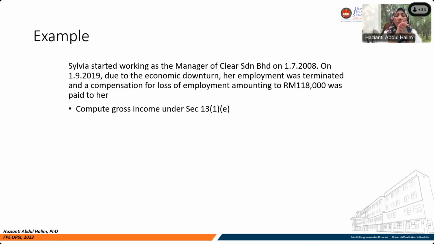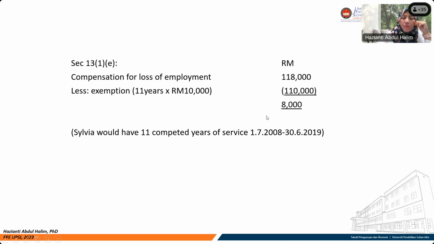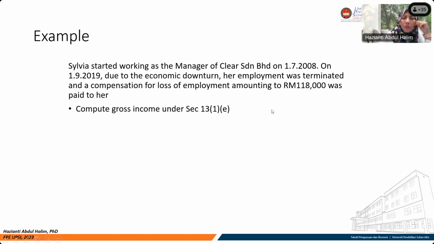Tadi tu kalau unapproved fund tadi itu 31D. Sekarang ni dia dapat compensation for loss of employment. Ini under section 31E. Right here dia dapat 118,000 was paid to her. So you have to compute gross income under section 31E. Alright. So dia dapat 118,000.